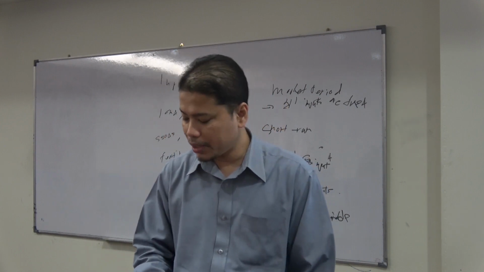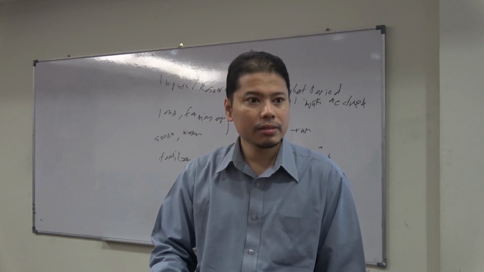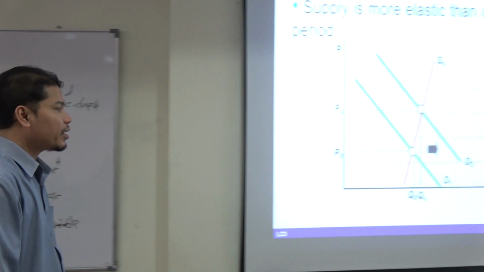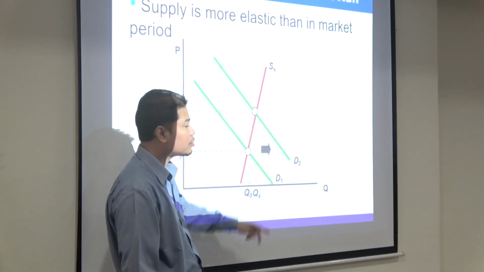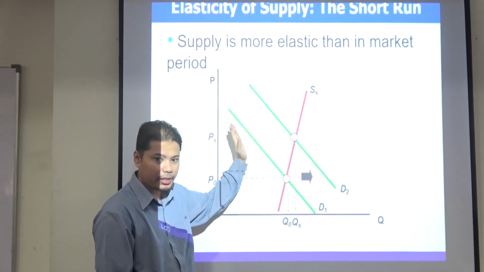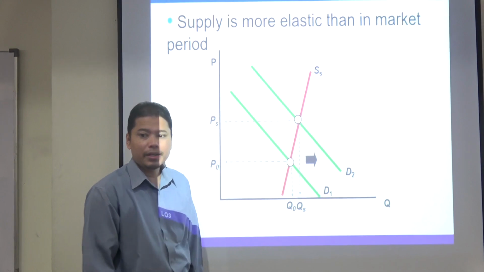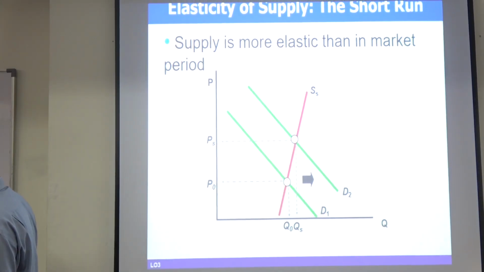Okay, so what will happen in the short run? In the short run, the supply curve will be very inelastic. Yeah? It is not perfectly inelastic as before, like in the market period, because now the producer can at least increase some of the inputs, yeah?